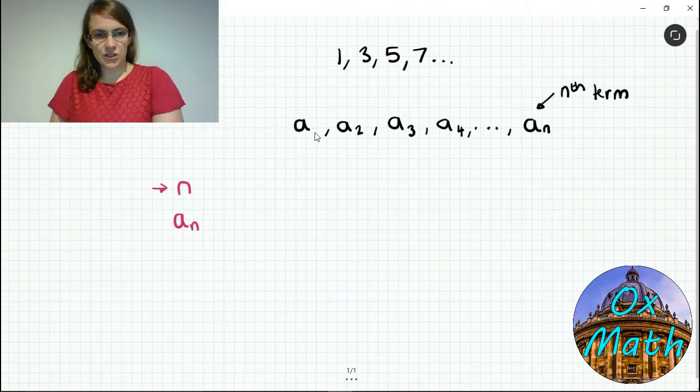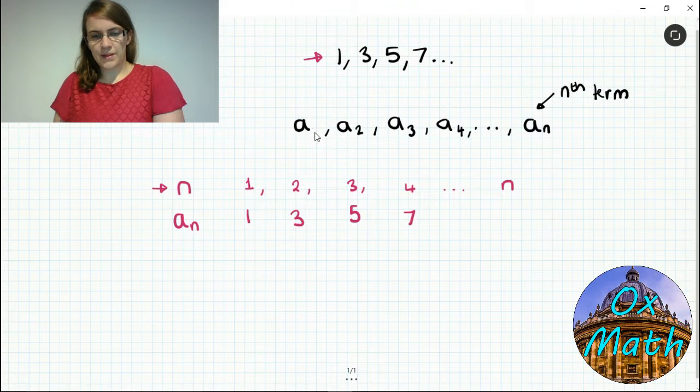N is the position or term number. So for example, in a sequence, the position just goes 1, 2, 3, 4, and so on up to the nth position, and AN is the value of the term. So if we look at our sequence that we use as an example up here, the first term A1 would be 1, the second term 3, third term 5, fourth term 7.